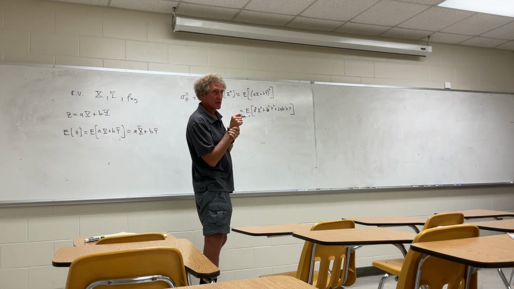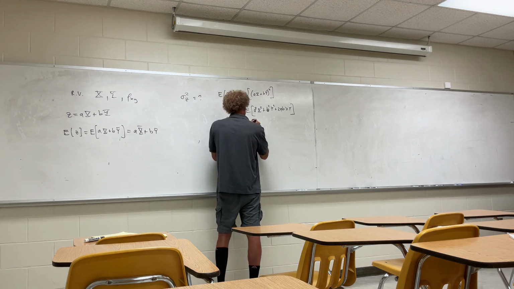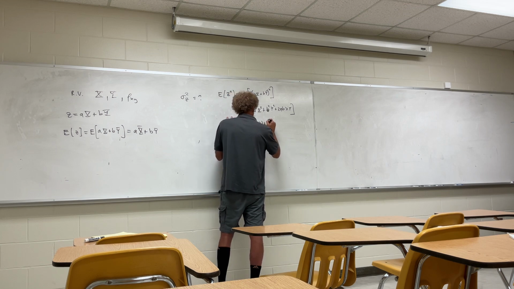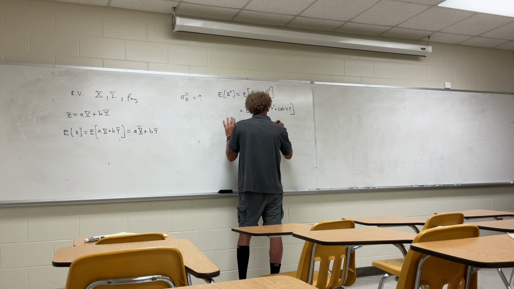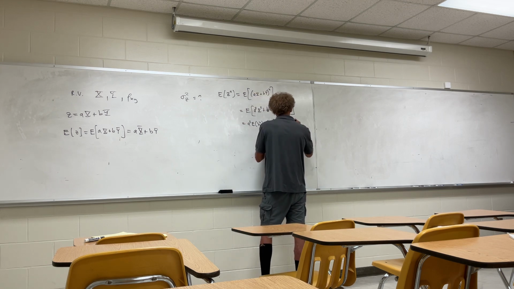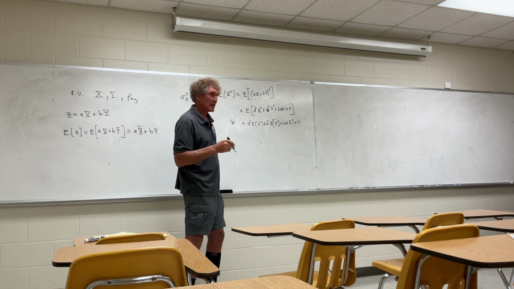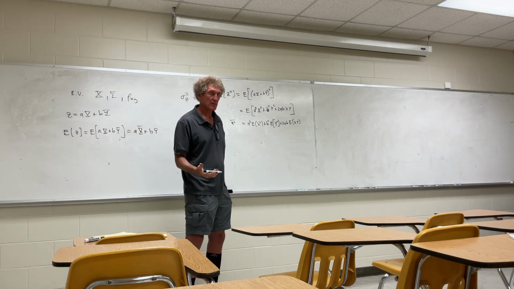Do you agree? Remember, a and b can be anything. And that would be equal to a squared times the expected value of x squared, plus b squared times the expected value of y squared, plus 2ab times the expected value of x times y, and that would be simply what I call z squared bar. Agree with that? I'm just putting it out there. I'm going to expand this a little more.